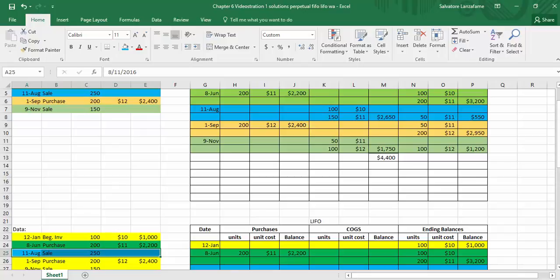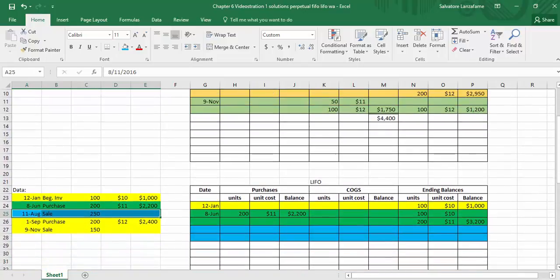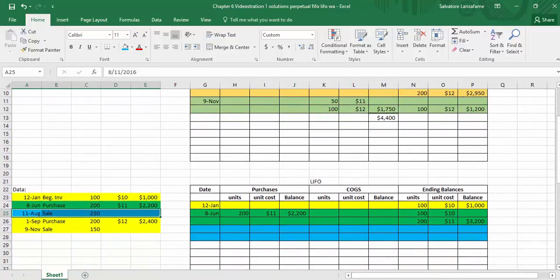So let's now sell under LIFO. LIFO says the last ones that came in are the first ones out. So on August 11th, if we're selling 250, which 250 are we selling? If you're going, oh, it's got to be the 200 at 11, you're right.